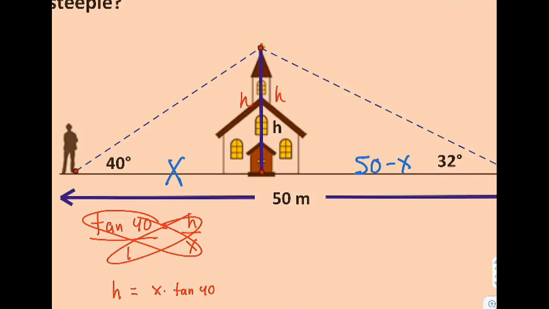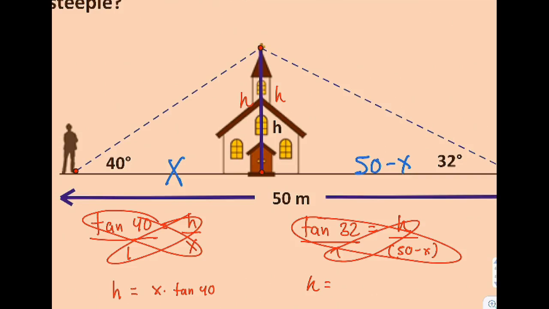You could do it that way, sure. So I'll do tangent of 32 equals opposite, which is height, over adjacent, which is 50 minus x. And then I'll cross multiply that and come up with an equation. Good. H, right?